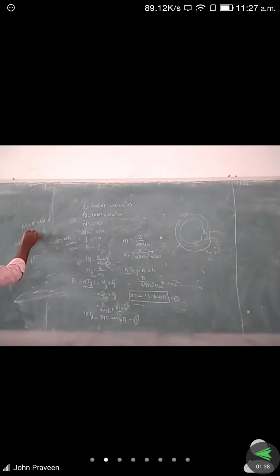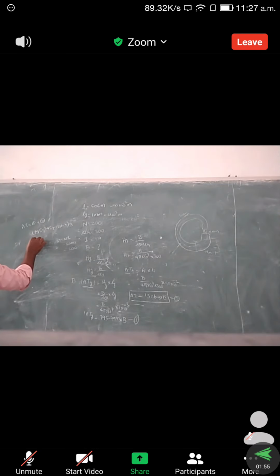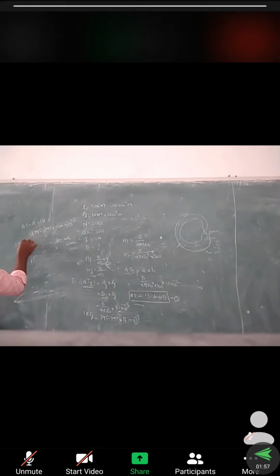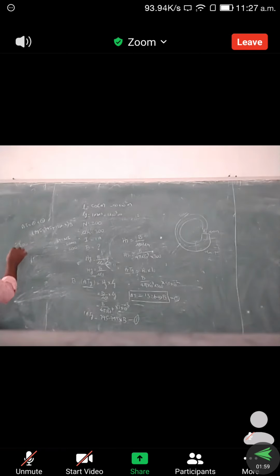What is equation 1? It is 795.795 plus 1326.3, taking B as common. Then finally, instead of ampere turns we substitute the 200.